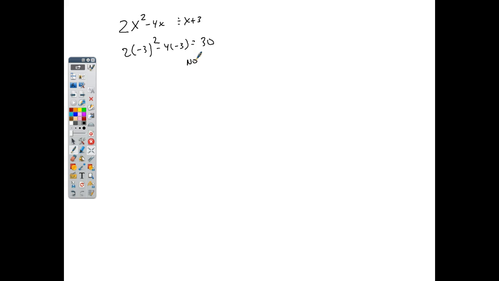Try it on the next one, and then we'll talk even more. Try it on number 2. Do number 2. Number 2 says x to the 5th minus x to the 3rd minus 2x squared plus 2x minus 3 divided by x plus 2. Is that a factor? Plug in a, and I should get 0 if it's a factor.